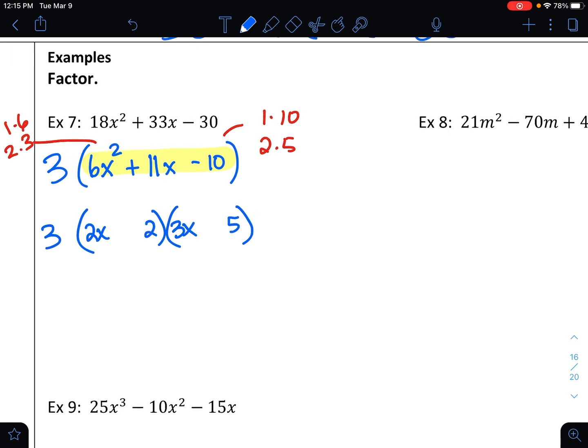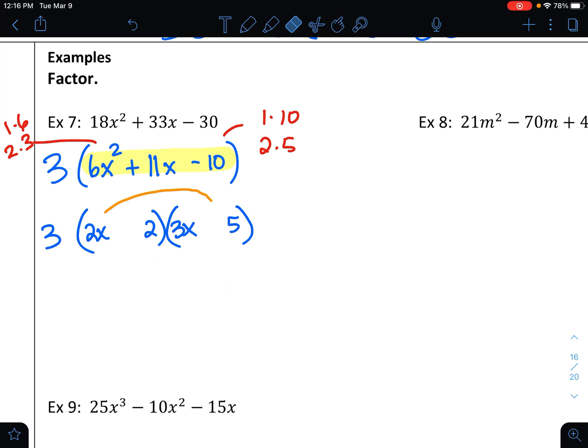Remember, the 11 comes from multiplying and testing the 2 outer plus or minus the 2 inner. So 2 times 5 gives me 10, so 10x. 3 and 2 is 6. So I'm either going to add up to 16 or subtract to 4. Okay, so that's not going to work.